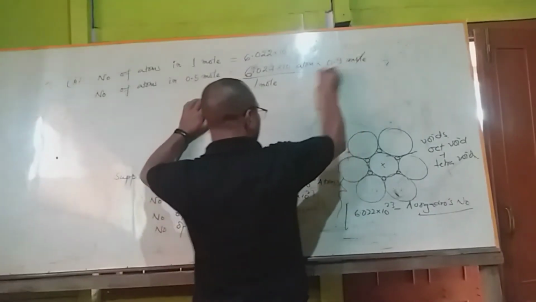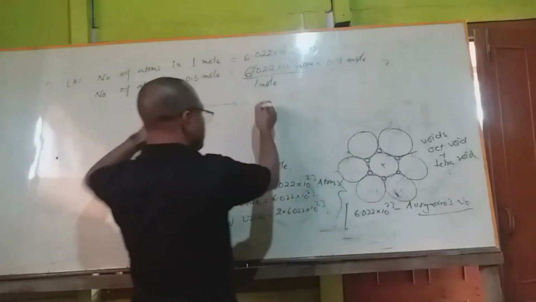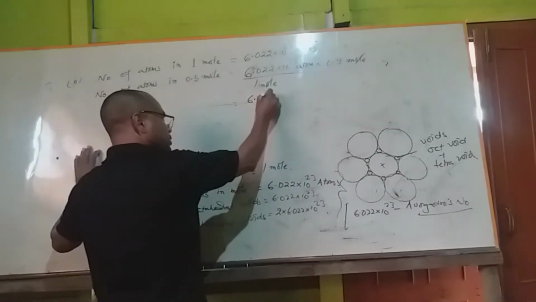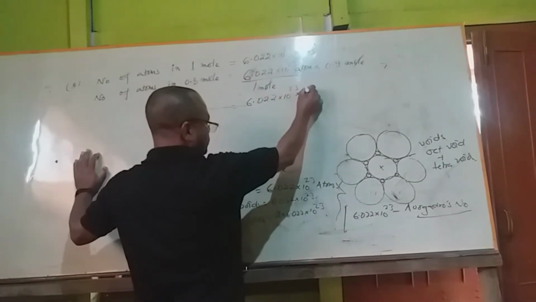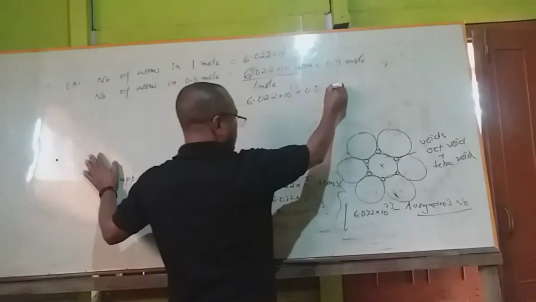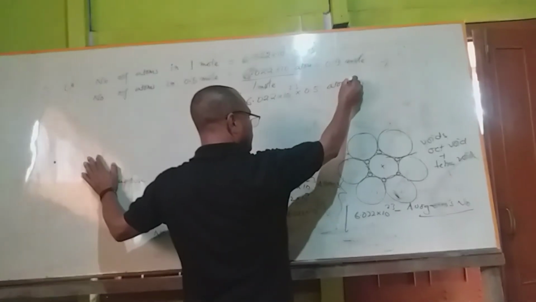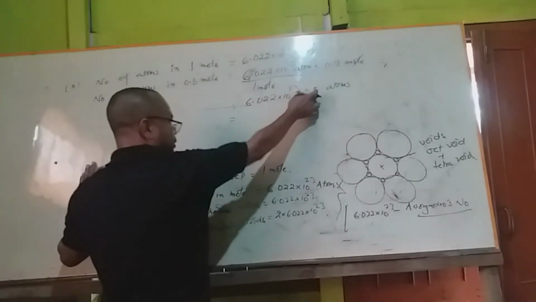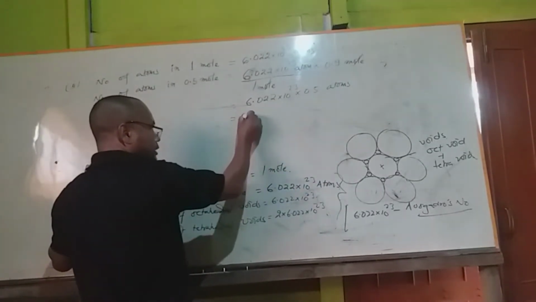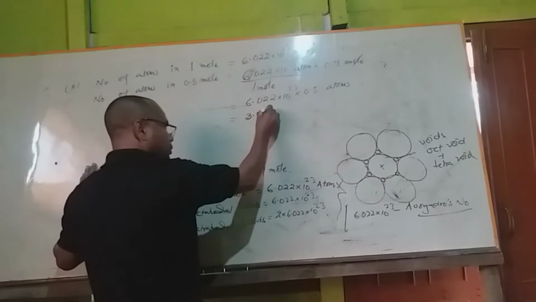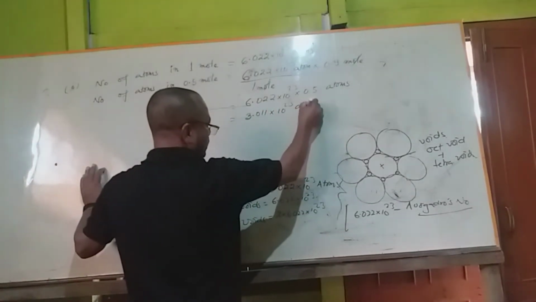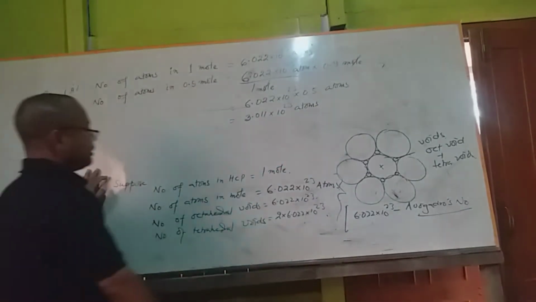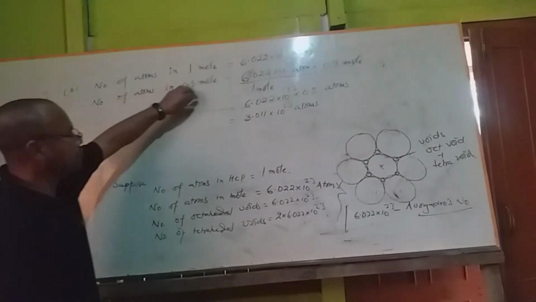The mole cancels, and multiplying 6.022 into 10 to the power 23 by 0.5 gives 3.011 into 10 to the power 23 atoms. This is the number of atoms in 0.5 moles.